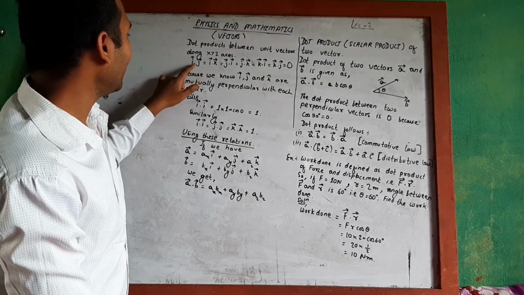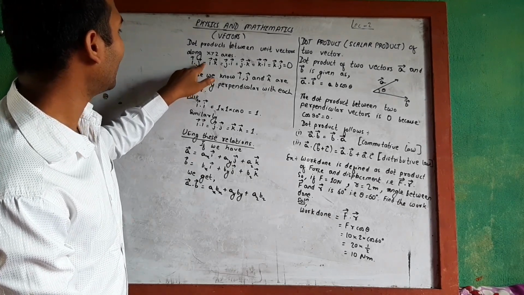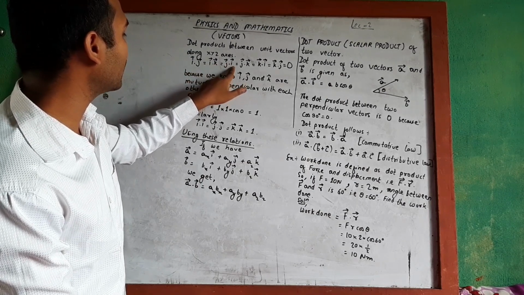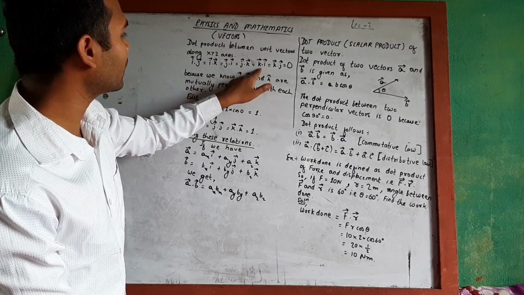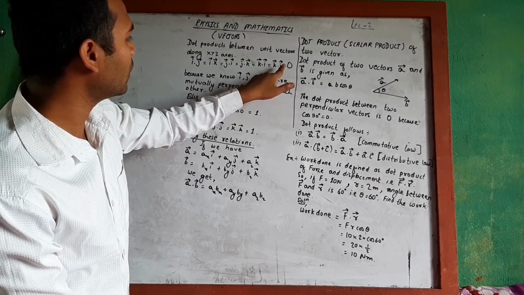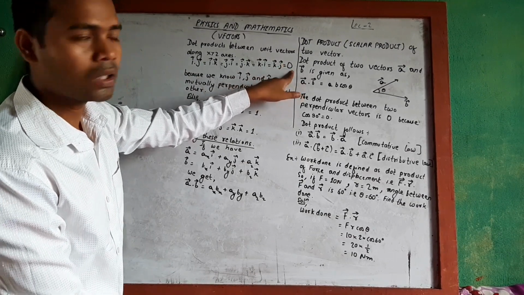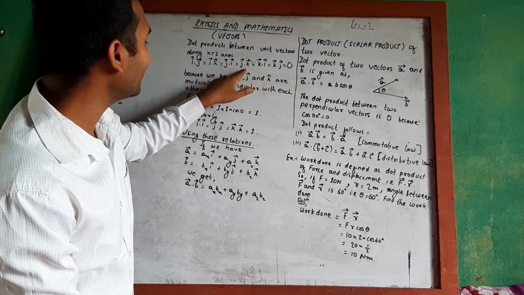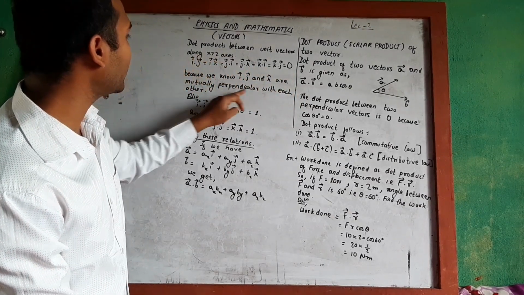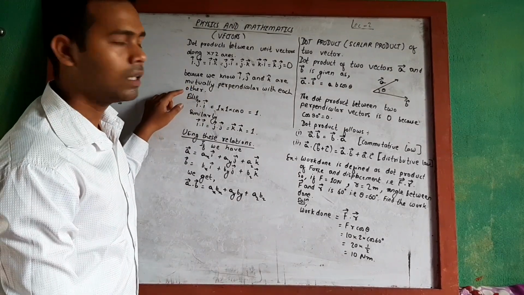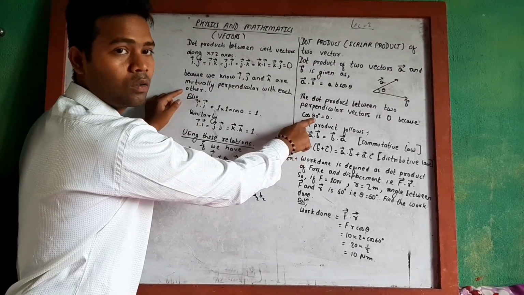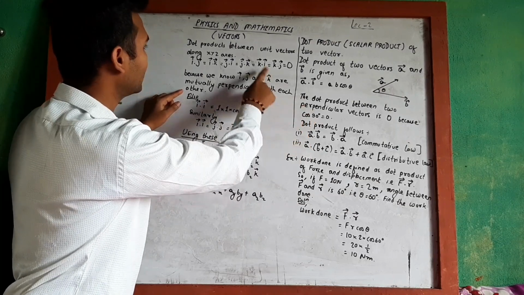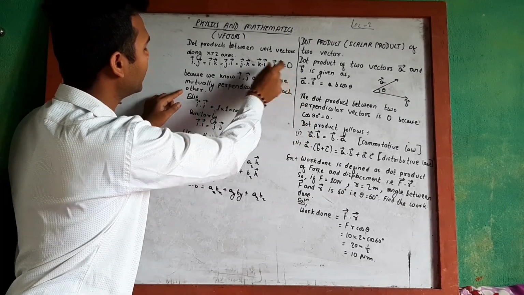Here i vector dot j vector, i vector dot k vector, j vector dot i vector, j vector dot k vector, k vector dot i vector, k vector dot j vector are all equal to 0. Why is this 0? Because all the i, j and k vectors are mutually perpendicular to each other, and by this relation, if theta is 90 degrees, then the dot product is 0, and this is shown here.